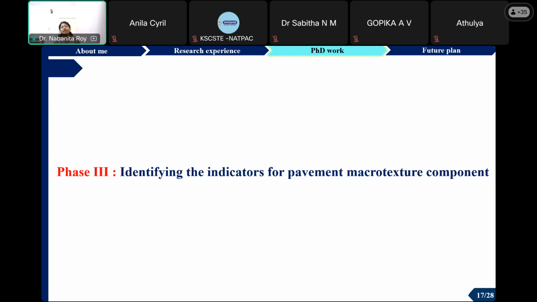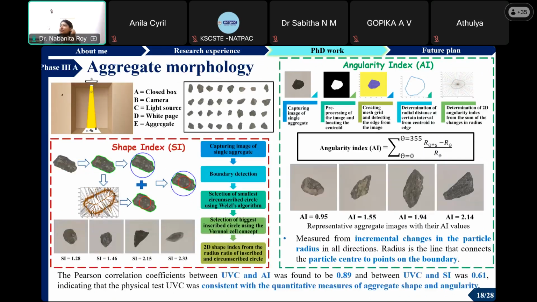Now coming to phase 3, which is about macro texture components. As I have already mentioned, there were two phases. One is before construction. For before construction, we prepared a laboratory setup. You can see in the leftmost corner that is the setup, a very simple setup, a closed cardboard box.